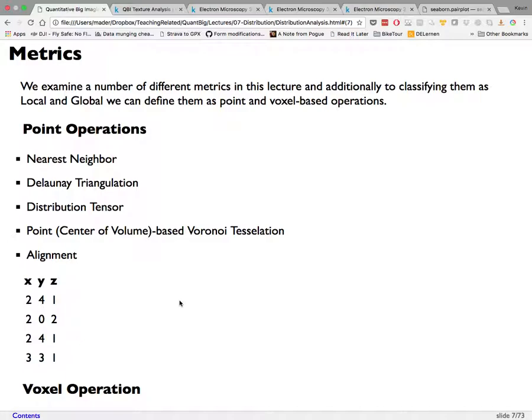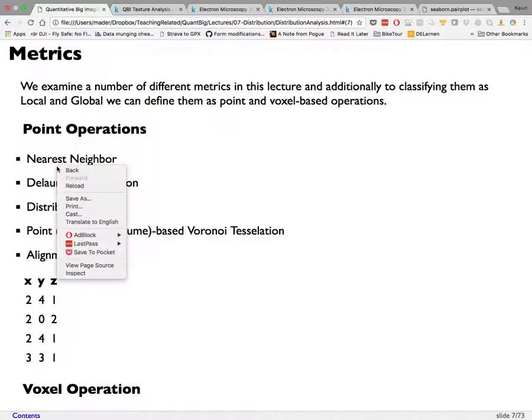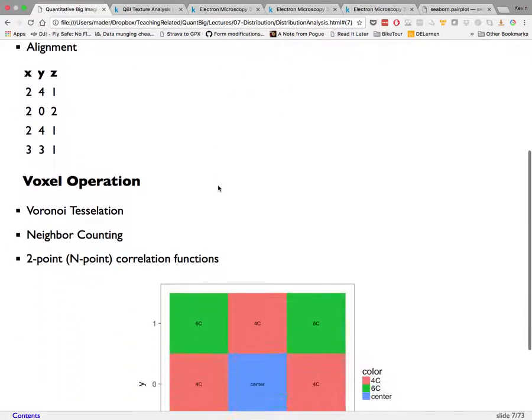Instead of having just a bucket of voxels, you now have a center of mass or a center of gravity, a volume, an area, and all of these other pieces of information associated with a single point. The kinds of analyses we can do with that are nearest neighbor, Delaunay triangulation, distribution tensor, tessellation, alignment. Those are all the things that make sense for looking at single points.